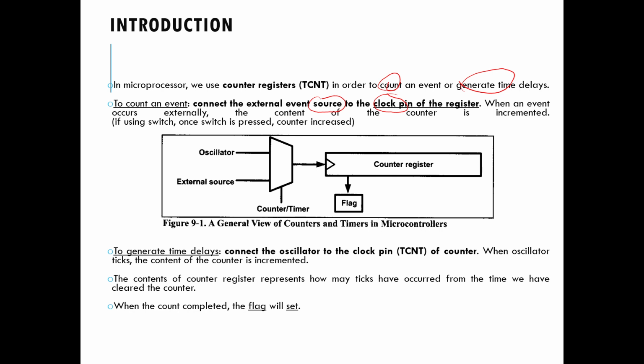And if we want to generate the time delays, we need to connect the oscillator to the clock pin. So you have the microprocessor, and either you connect it with an external source, for example a switch, or you connect it to the oscillator.